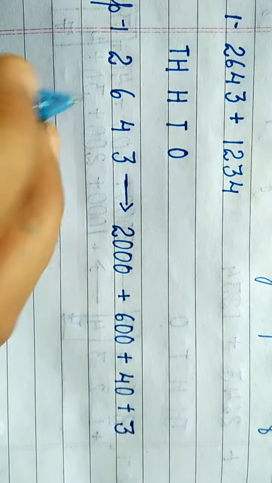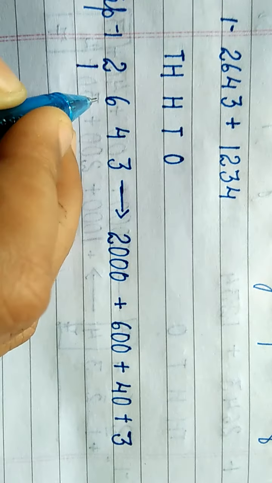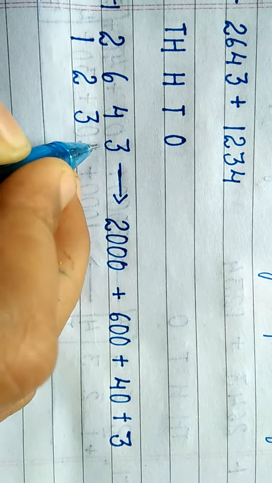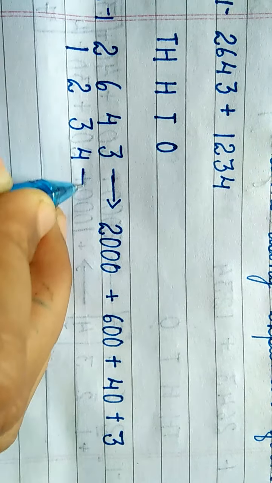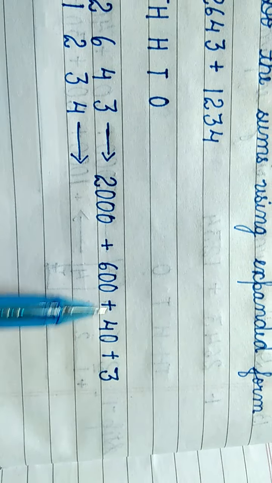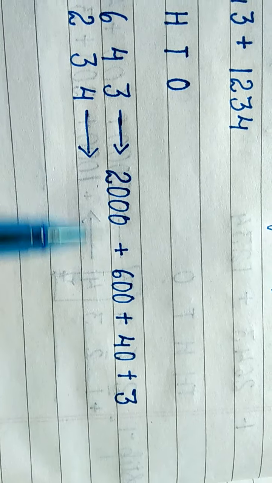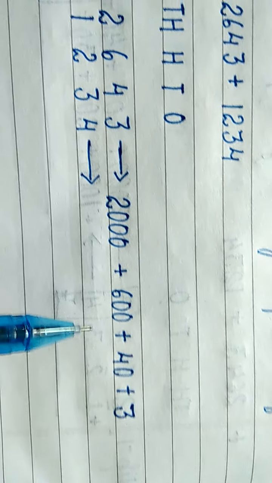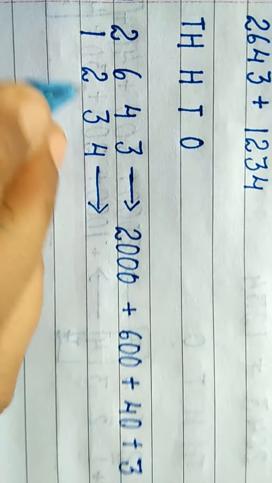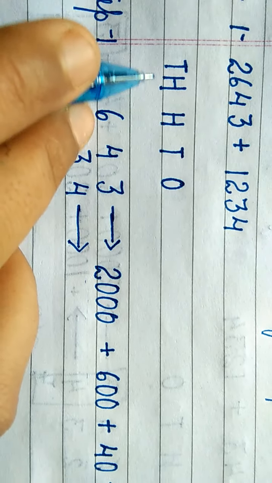Okay. Next number, 1234. Now we will also write it in expanded form. Write as it is written. 1 is in which place? Thousands.